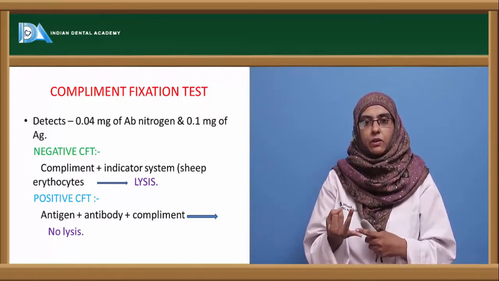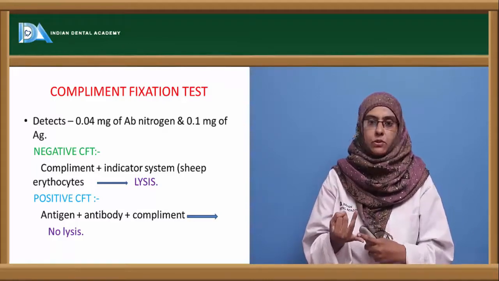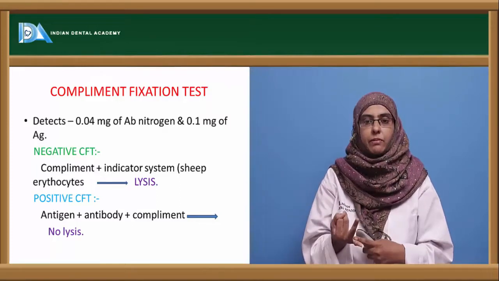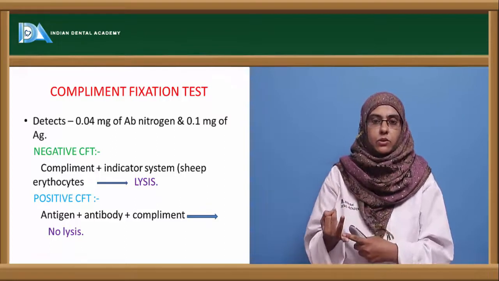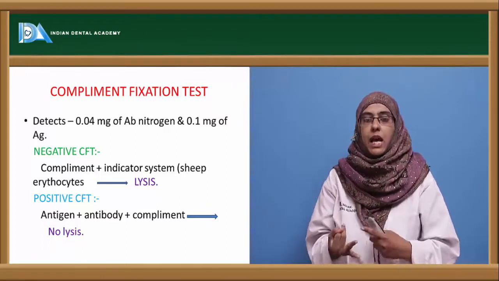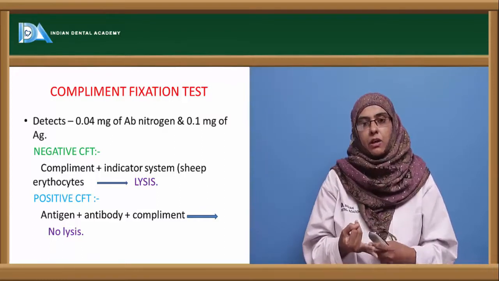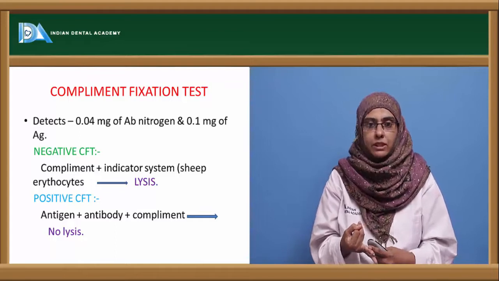The antibody that we are going to select has to be treated so that no complement protein is attached to it. And the complement protein that we are using in this technique will be from guinea pigs. Again, we have to see that there are no antibodies associated with this complement protein. The sheep RBCs act as an indicator system along with the antibodies against the sheep RBCs, which are called the amboceptors.